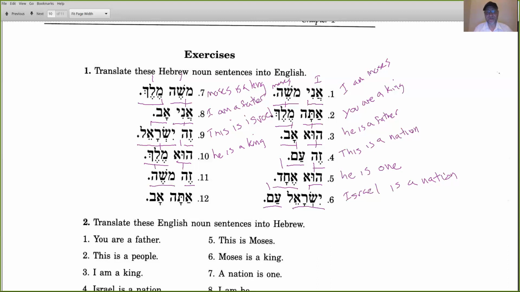This Moses. This is Moses. Okay. Finally, number 12, Ata Av. You, Father. You are a father. Okay. So that is how your exercises should look for exercise number 1.